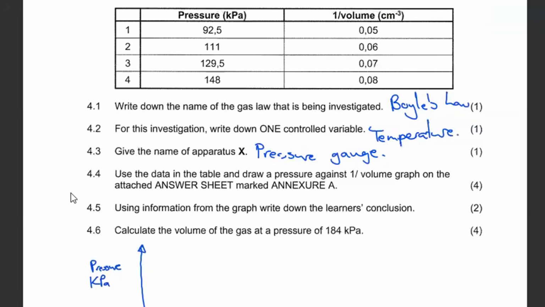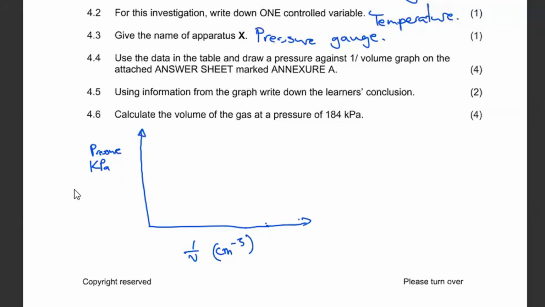Looking at the table, we're starting from 0.05 until 0.08. So we can formulate a scale, maybe from 0.0, 0.04, 0.06, 0.08, like that.